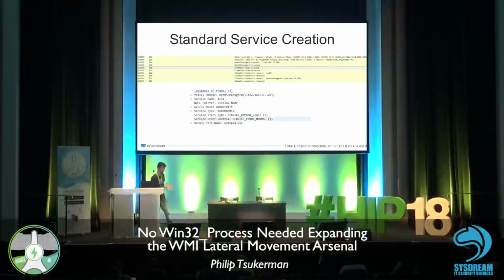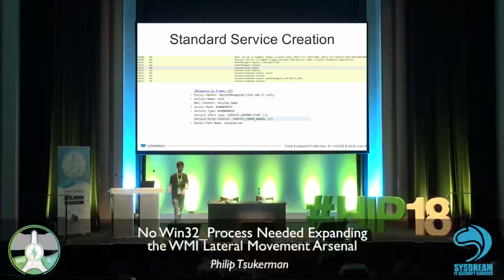Now, if you look at a Wireshark capture of PSExec or sc.exe, you see that the protocol in use is DCE-RPC, which is pretty complex, but the 2 things you need to know about it is that there's an interface ID field which identifies the service behind the protocol. So I could identify, hey, somebody's connecting to the service manager, and there's the operation number field, which determines the actual function called.